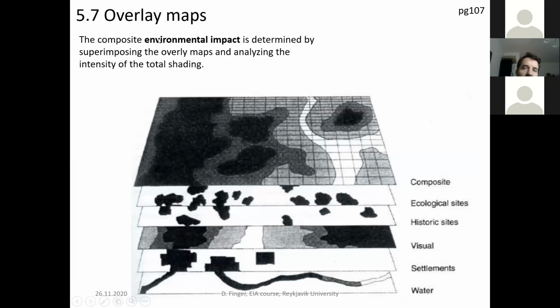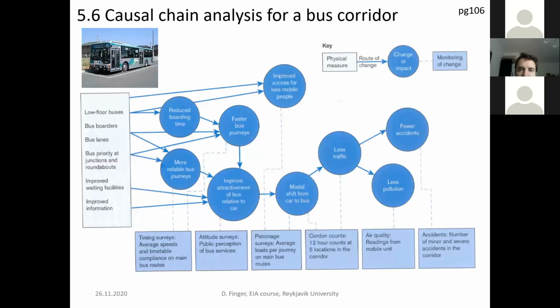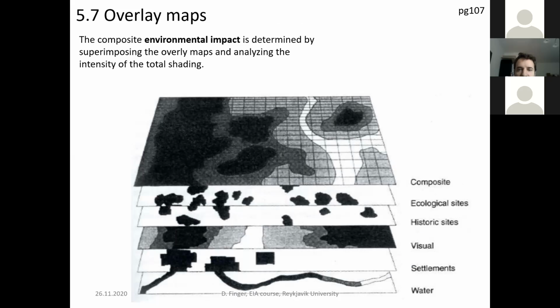So ArcGIS is also a powerful tool where you can simply look at the use of the space, identify how your project is going to impact the area, and visualize how spatially the impacts are going to be distributed around your project.